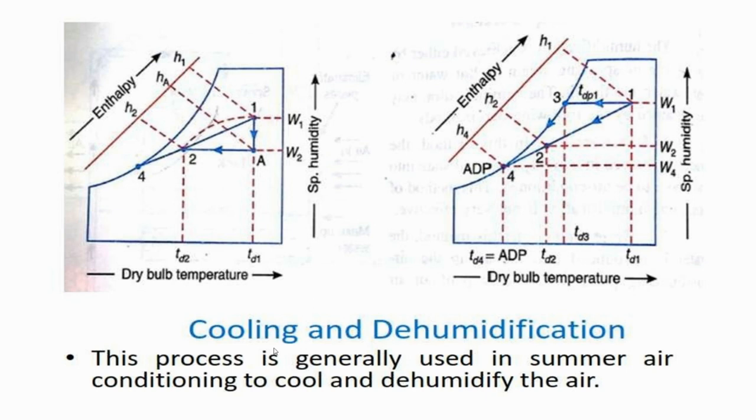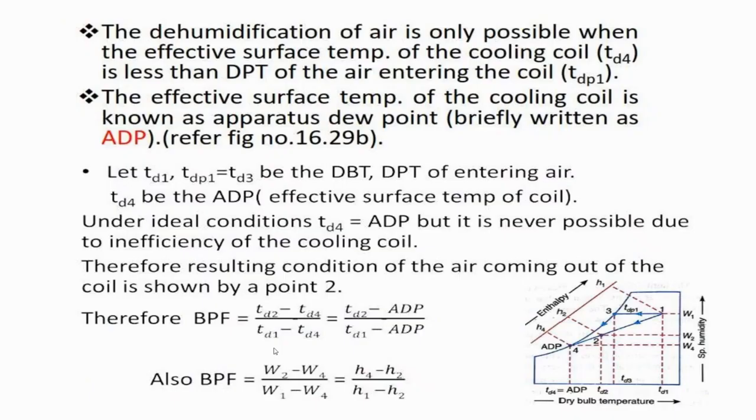Now, this process is generally used in summer air conditioning to cool and dehumidify the air. The dehumidification of air is only possible when the effective surface temperature of the cooling coil, which is Td4, is less than the dew point temperature of the air entering the coil, Td1.